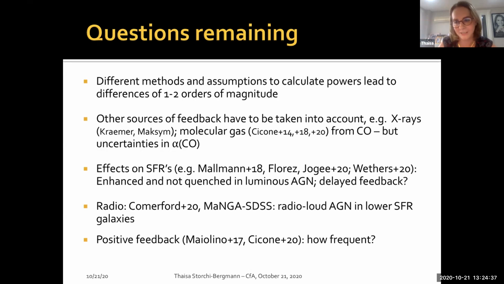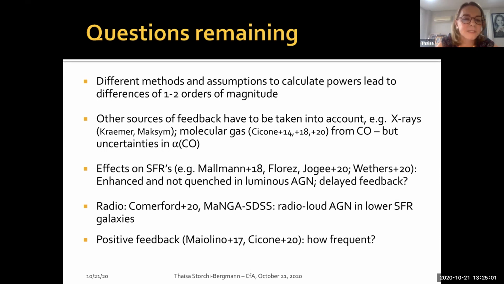You guys are the experts, and I know maybe Peter has some ideas about this. And also, I did not consider the molecular gas, the cold molecular gas from CO. ALMA observations show some of these outflows, but there is this uncertainty of the alpha CO, right?